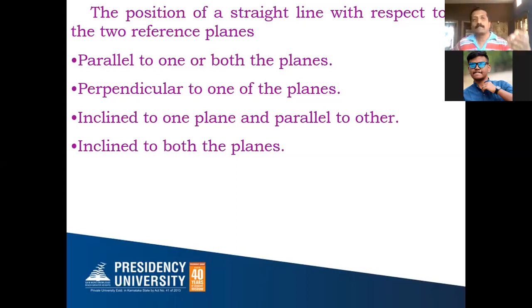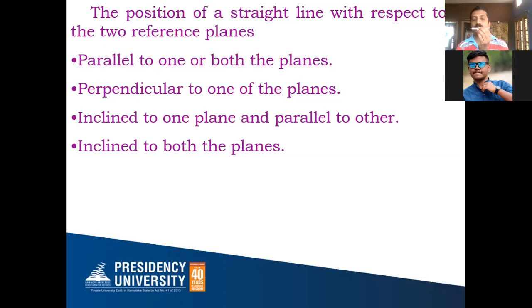And here, let me give this information also so that in the next class we can start the exercises directly. There are 4 different ways I can keep the straight line with respect to the reference planes in the first quadrant. The first position is parallel to one or both the planes.